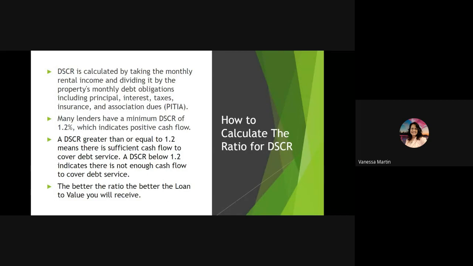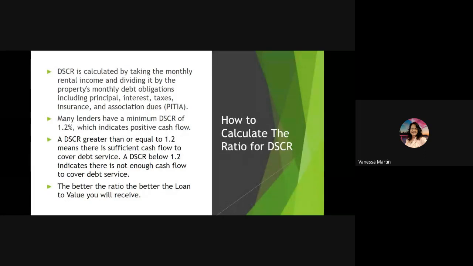So how do they calculate this ratio for DSCR? DSCR is calculated by taking the monthly rental income and dividing it by the property's monthly debt obligations, so you're going to look at principal, interest, taxes, insurance, and association dues.